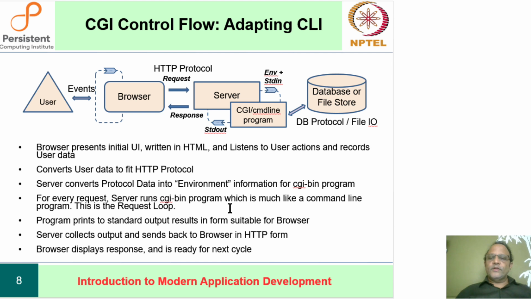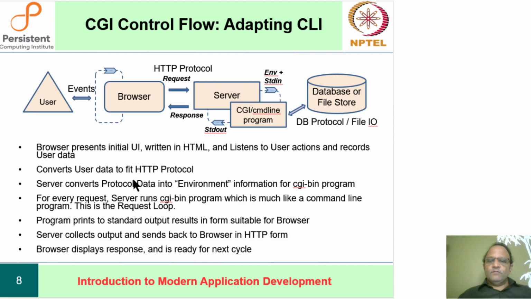The browser presents the initial UI, which is written in HTML, and listens to user actions and records user data. The browser then converts user data in a way that fits the requirements of the HTTP protocol. The server then converts protocol data into environment information for the CGI bin program.